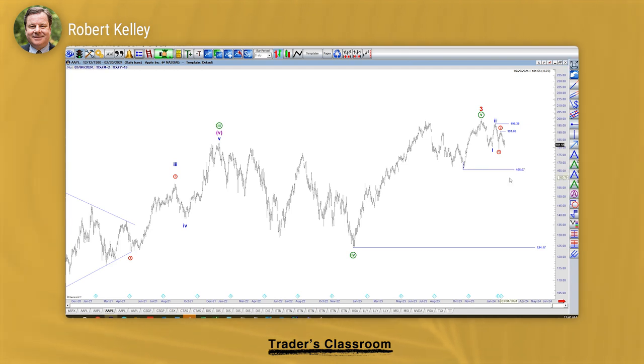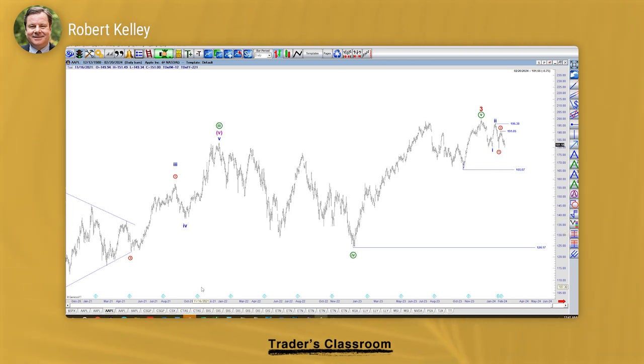So if Apple does another move down, and it looks like it's 1, 2, 3, 4, 5 down, and it holds here and then turns back up, then that more bullish fifth wave extension scenario would come into play. But for now, both counts point lower, and we can see if Apple can work on down to trace out a larger correction.